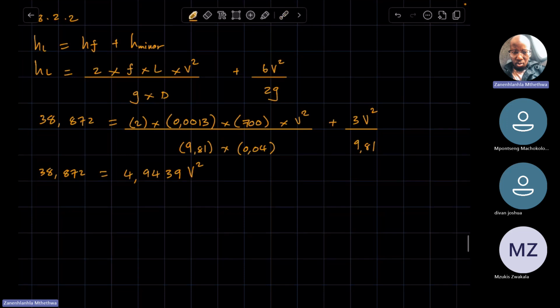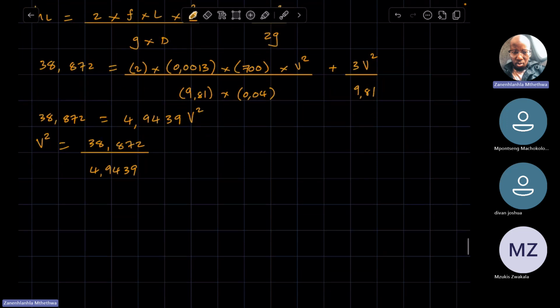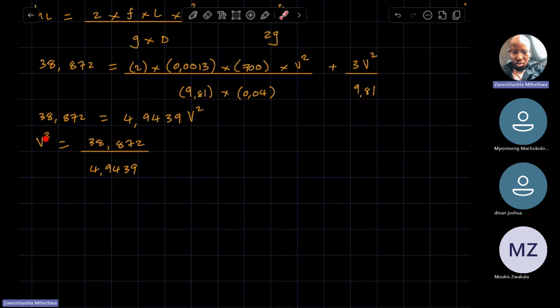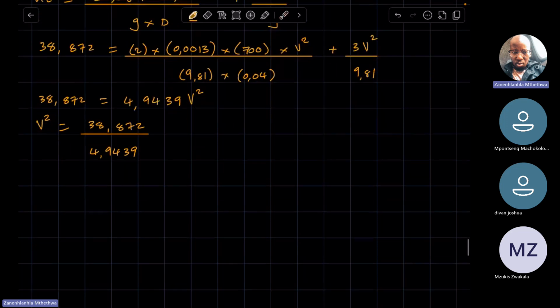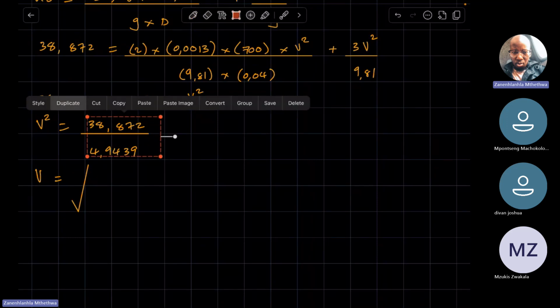In making V the subject, you have V squared. You have to get rid of this, making sure that the coefficient of V is 1. So you will have 38,872 divided by the 4,9439. And then also we have to get rid of the squared, so we use the square roots on either side. Hence here we'll be left with V, and this side we'll have the square root of this.